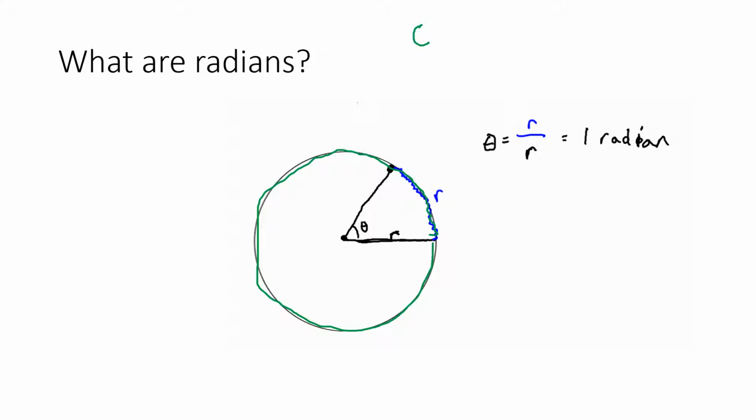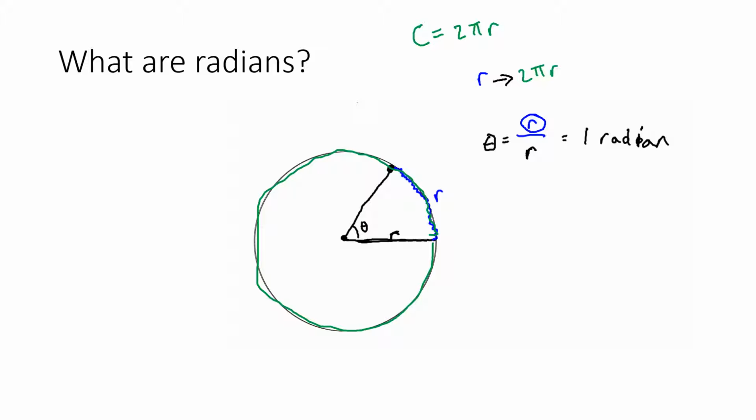And the circumference is represented by the formula 2 times pi times the radius. So as opposed to going a length of r, if we go around the whole circle, we're going a whole length of 2 times pi times r, the entire circumference.